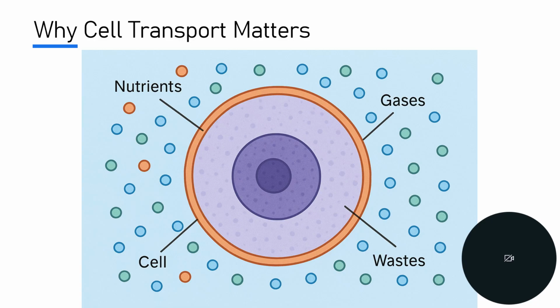Cell transport isn't just a biology topic. It's the foundation for understanding how life works and medical treatments, like in TV shows and stuff about hospitals, they stick in the IV bag. Well, have you ever wondered how the IV bag works or why they stick a needle full of water in your arm? That's what cell transport is all about.